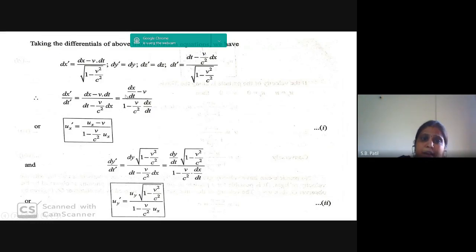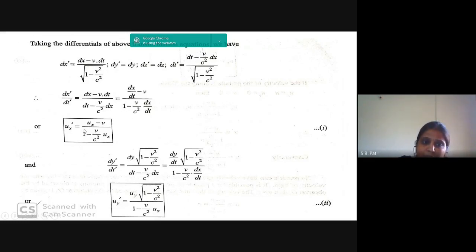We have to divide numerator and denominator by dt, taking dt as a common factor. So we get (ds/dt − v) upon (1 − (v/c²) ds/dt). The dt cancels.